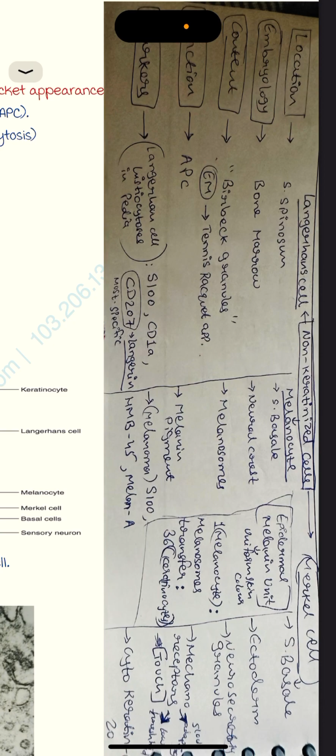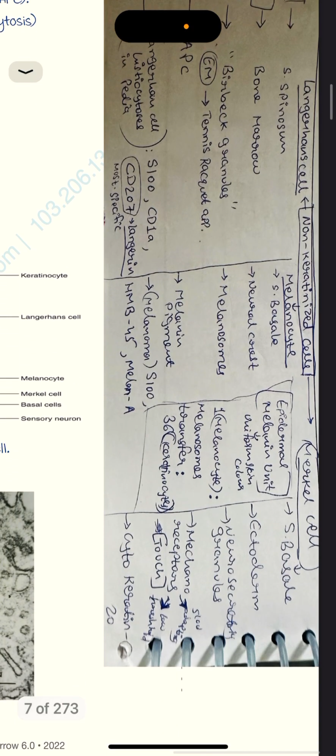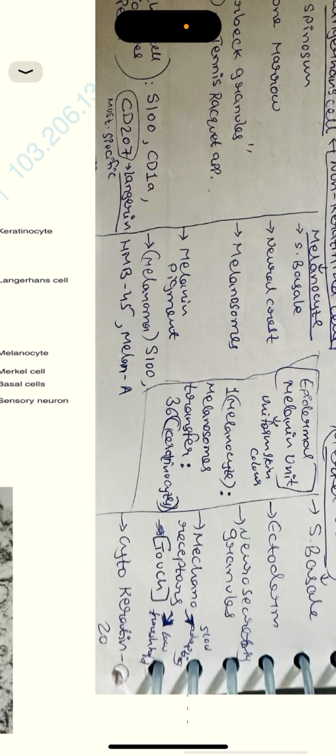Function of Langerhans cell is that of antigen-presenting cells. Melanosomes contain melanin pigment, which is responsible for our skin color, and Merkel cells are responsible for touch sensation via its mechanoreceptors, which are slow adapting and of low threshold.